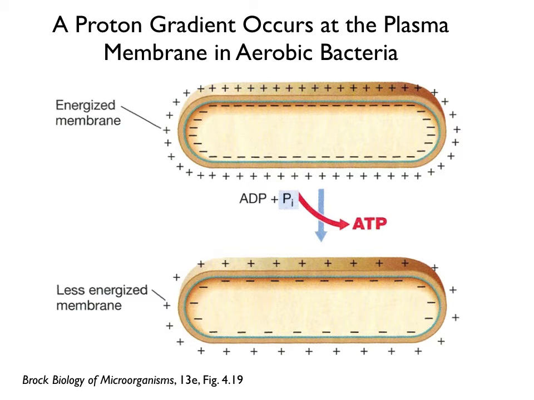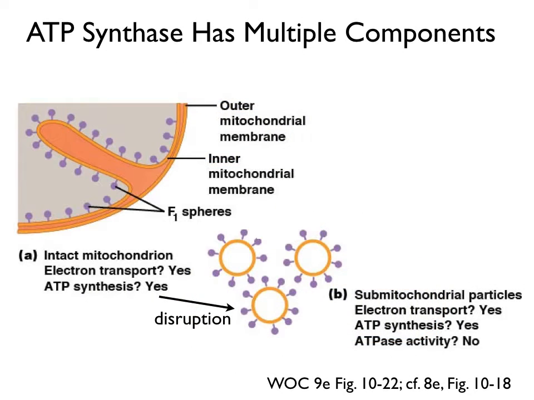Okay, so far we've talked about how you can generate these kinds of proton gradients. They store free energy. Now let's talk about the experimental evidence for how this works. Not shown in this figure. It's possible to biochemically isolate mitochondria in a way that preserves some of their membrane components.